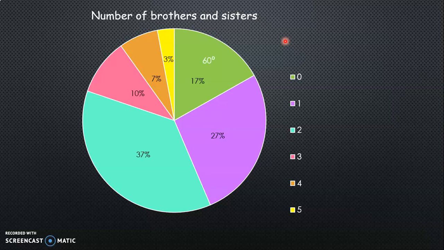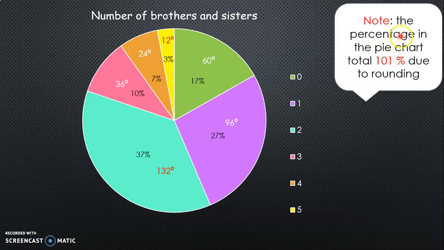Now I will show you the degrees, because we will use the protractor in order to draw it. Each sector will show the equivalent degrees. Note here that the percentage is equal to 101% because we rounded off, we removed the decimal.